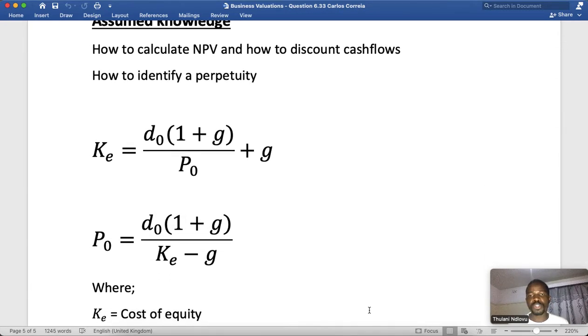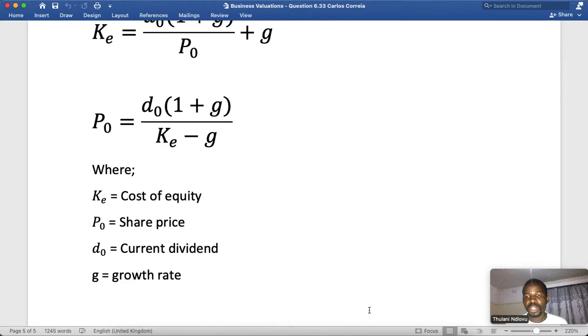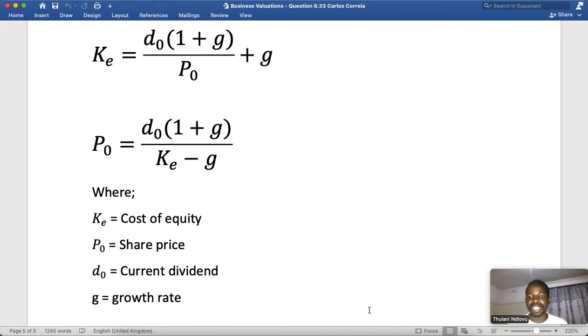Then you have also come across these two formulas on your cost of equity or cost of capital, and also on your dividend valuation. You will recall that KE is the cost of equity, P0 is the share price, D0 is the current dividend, and g is the growth.